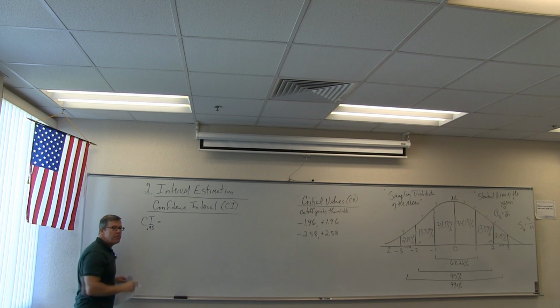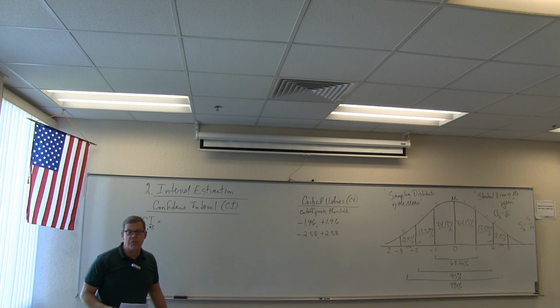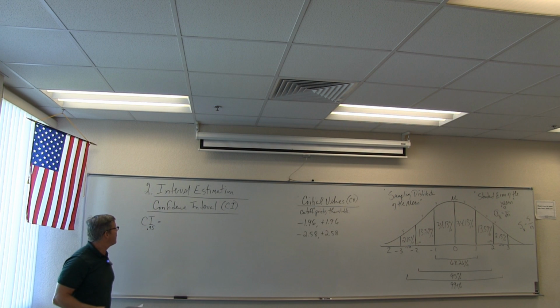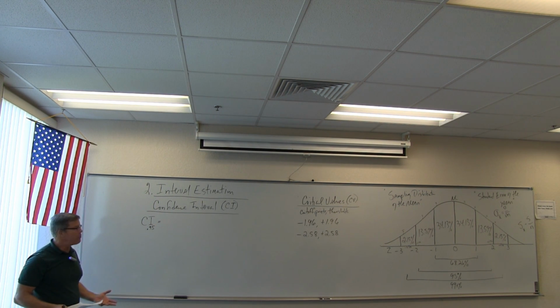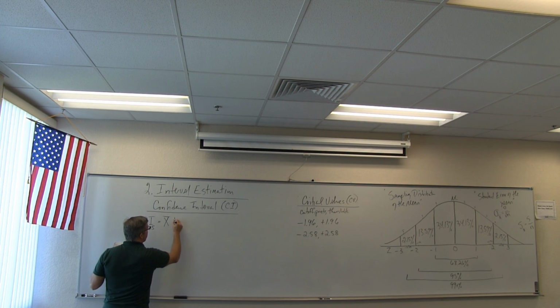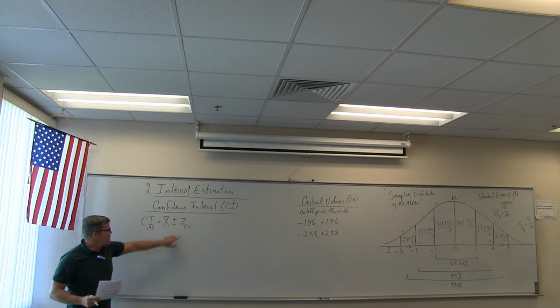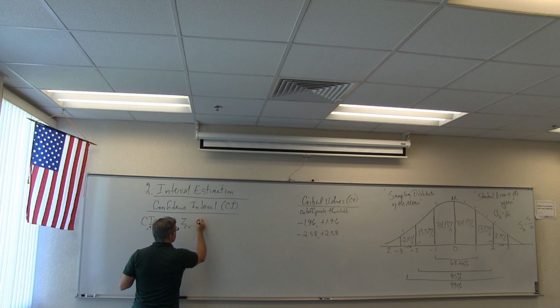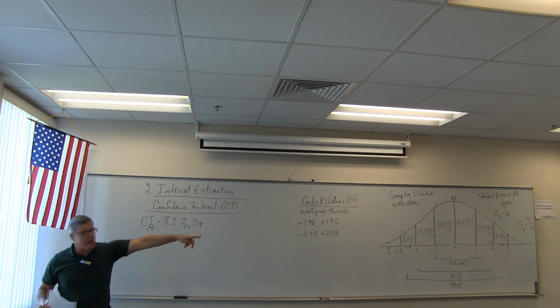We're going to be computing a 95% confidence interval. These are very common, by the way. It's the mean plus or minus z critical value, z subscript CV, times the standard error of the mean. And we see that formula right over there.